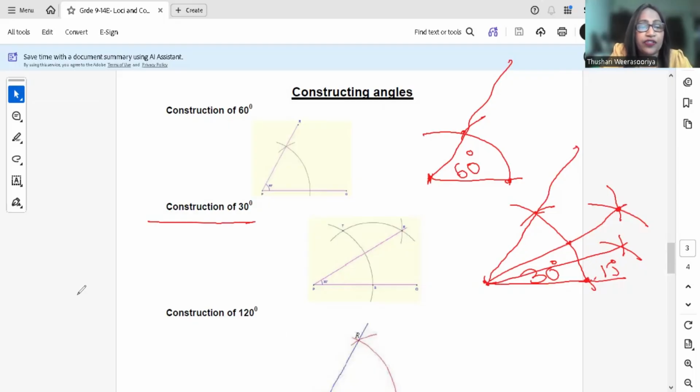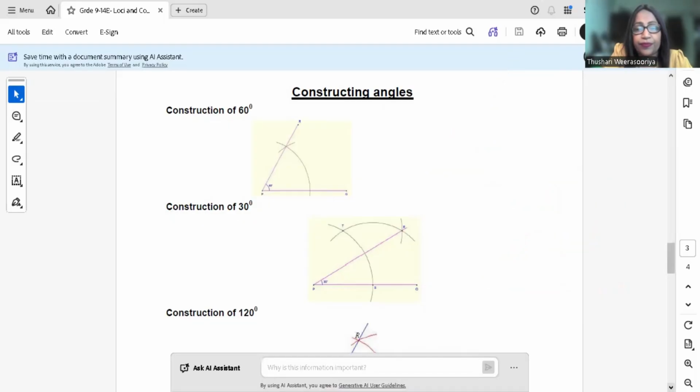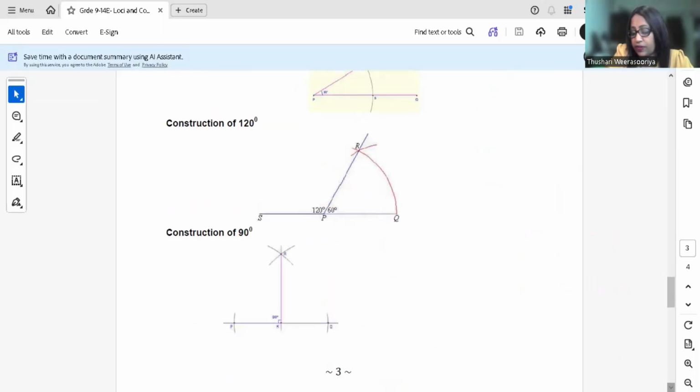Now we'll go to 120 degrees. To construct it, there are two methods. You can use either one of those. Look at this, how to construct 120.